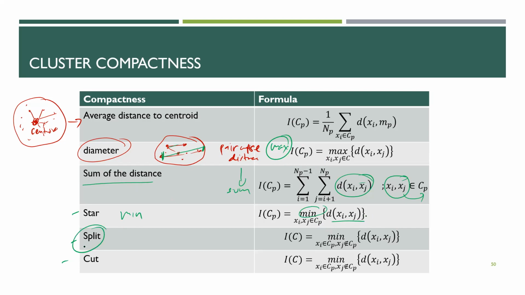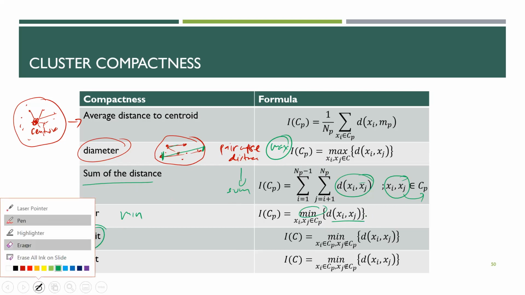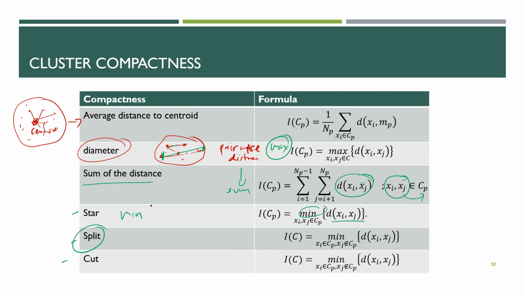Split is to calculate distance. For example, we have cluster 1, C1, and another cluster C2. Here we calculate the distance between all data in cluster 1 and all data in cluster 2.